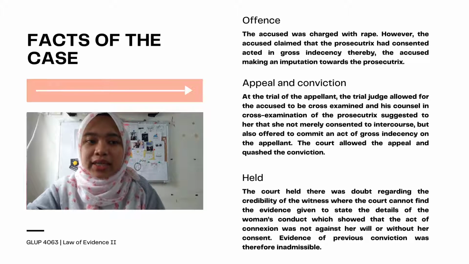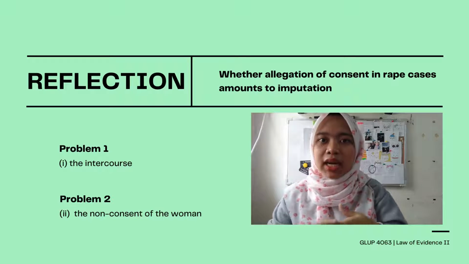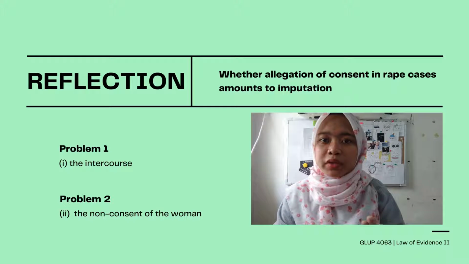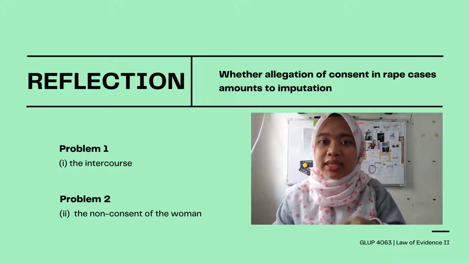The court could not find that the evidence given stated the details of the woman's conduct which showed that the act of connection was against her will or without consent. The learned judge in this case allowed the appeal and quashed the conviction as the evidence of previous convictions was inadmissible, where no evidence given stated the woman's conduct was not against her will.